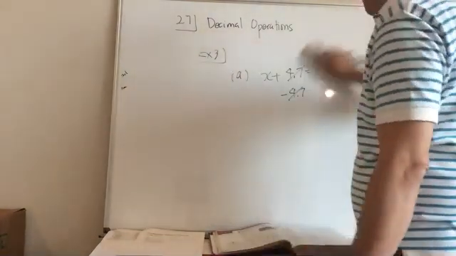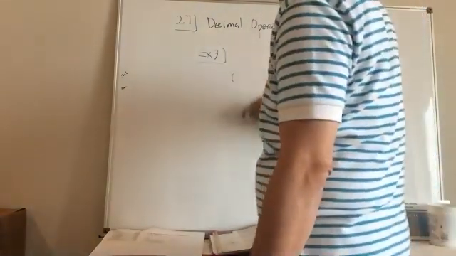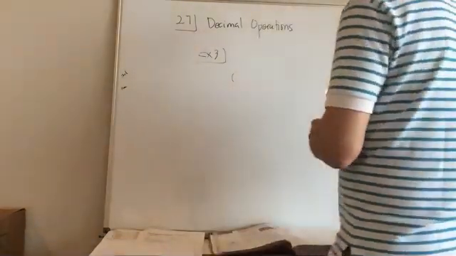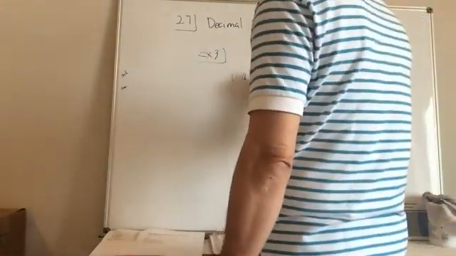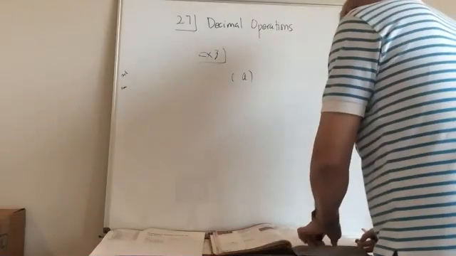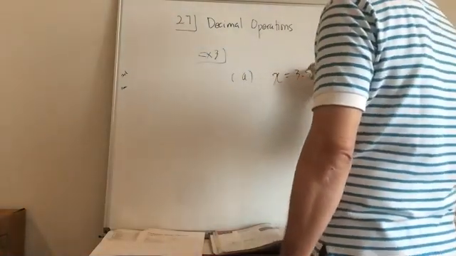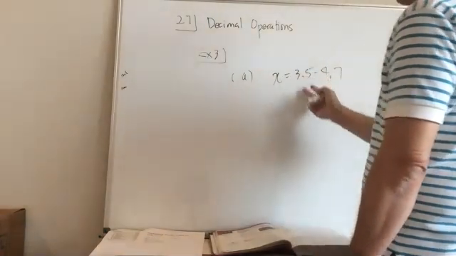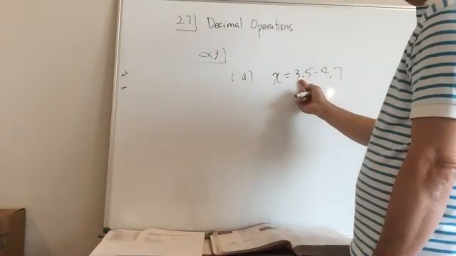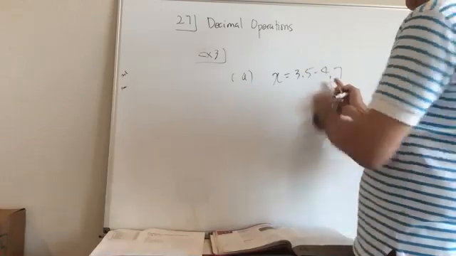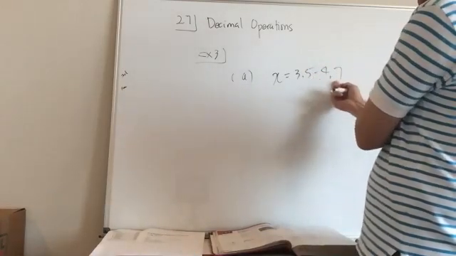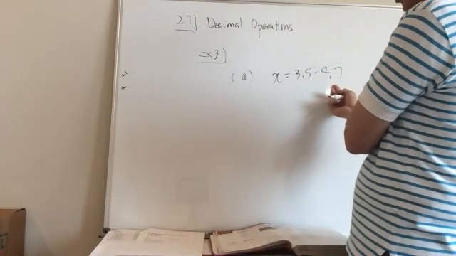Let's do B. How did you get the negative? Why did I get the negative? Because I started with x equal to 3.5 minus 4.7. So I have a positive number here and a negative number here, but if you look at the number itself, the negative number is larger.